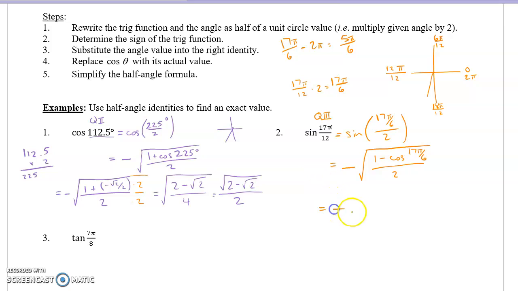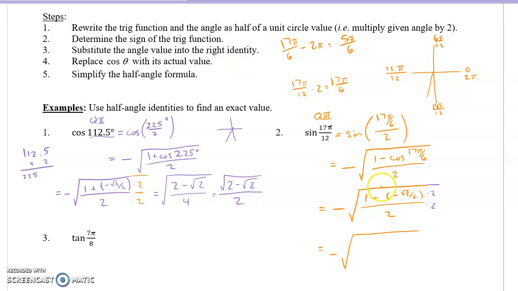So we're going to do negative the square root of 1 minus whatever the cosine of 5 pi over 6 is. Well, cosine of 5 pi over 6 is negative root 3 over 2, all over 2. When we simplify that, we'll get negative the square root of, let's do that same trick where we multiply the top and the bottom by 2 inside the square root.